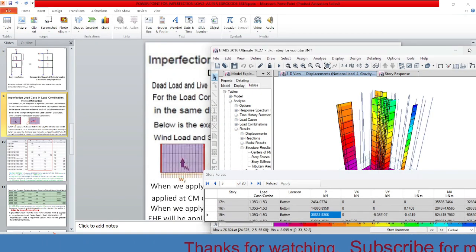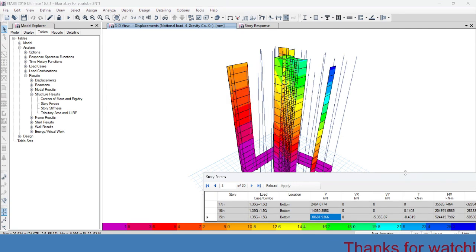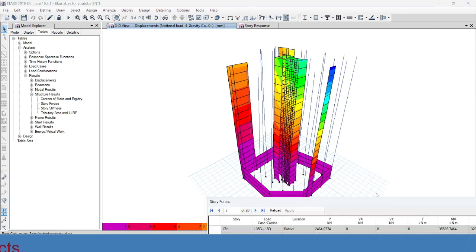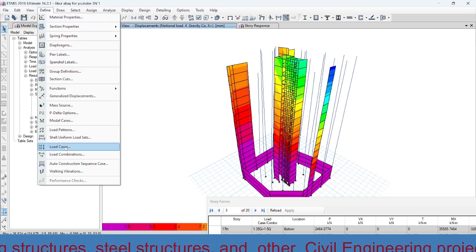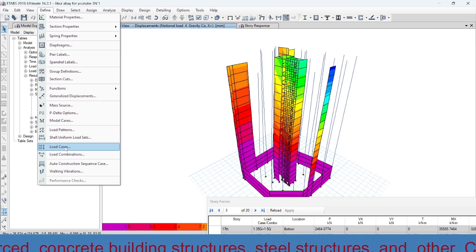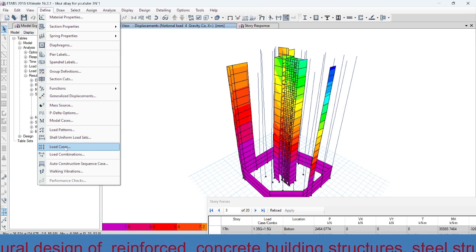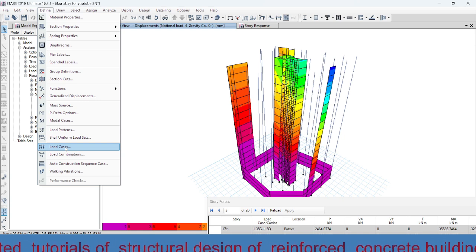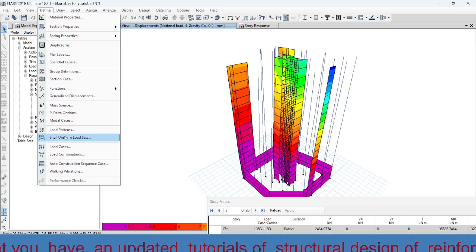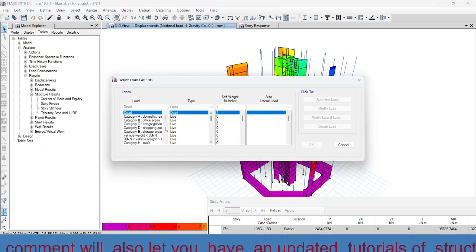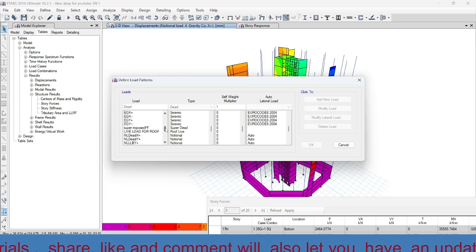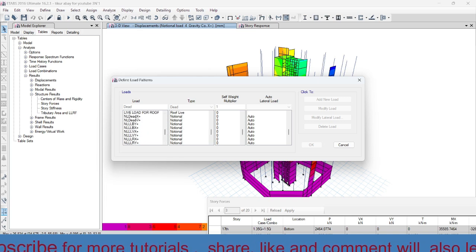Suppose here we have this structure, so just go to the define menu. Now let me show you how to apply the notional load in the automatic way. Go to load patterns. Here we have the notional load.